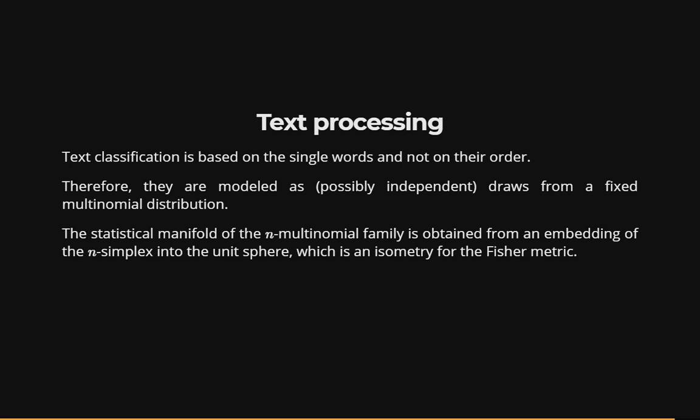The nice thing is that this statistical manifold can be embedded as a domain inside the unit sphere of some high-dimensional space. So your statistical manifold is just a piece of unit sphere, not a two-dimensional sphere, but some d-dimensional sphere. And the round metric is isometric to the Fisher metric.